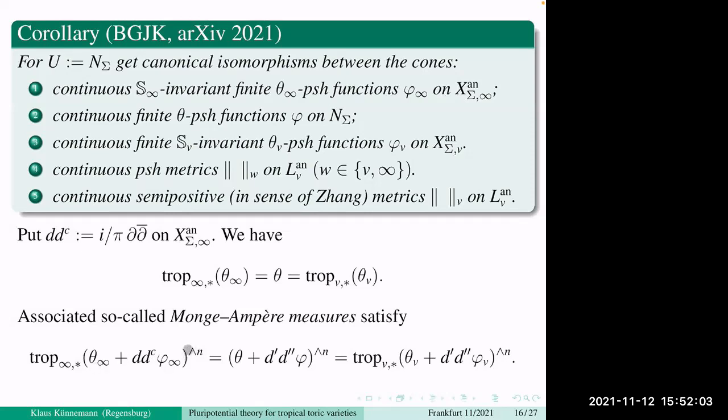So you can take these products by Bedford-Taylor theory. You can do the same in the tropical world, and you can do the same in the non-Archimedean world. And in the non-Archimedean world, I think these Monge-Ampère measures were first introduced by Antoine Chambert-Loir, even though this was for semi-positive metrics.